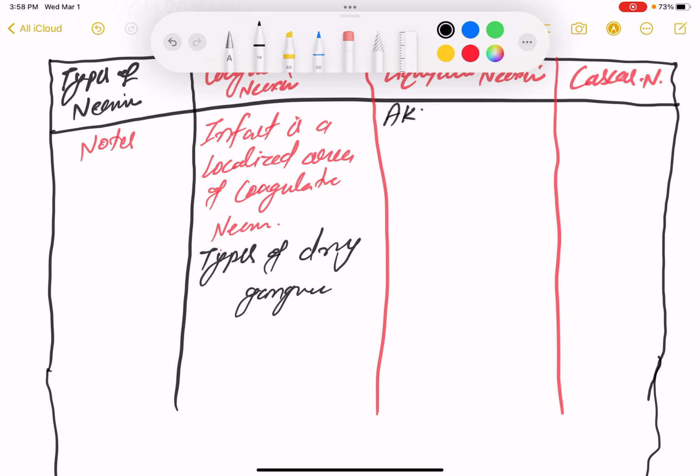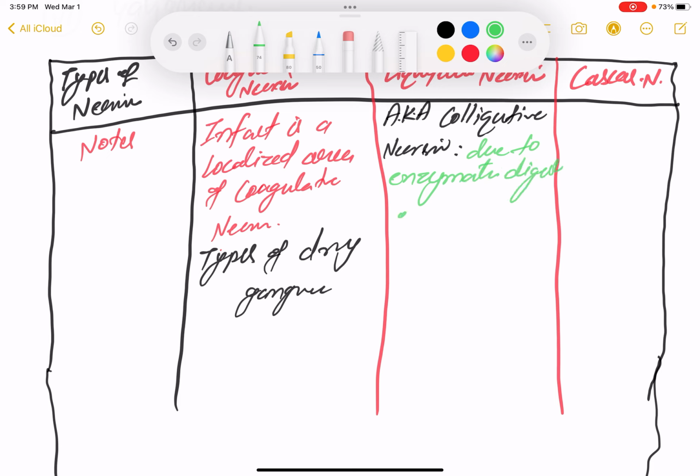Liquefactive necrosis is basically due to enzymatic digestion of the cell, and it is a type of wet gangrene.